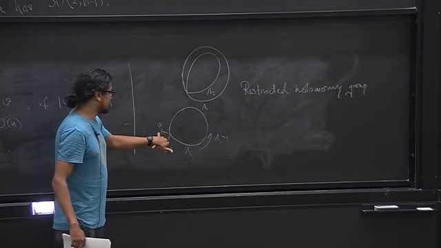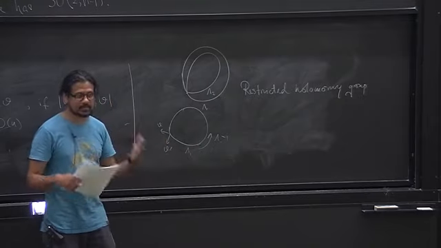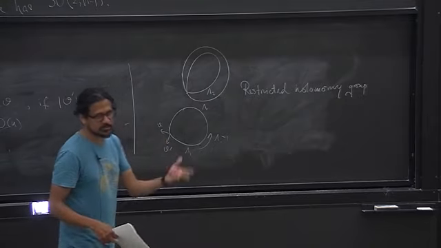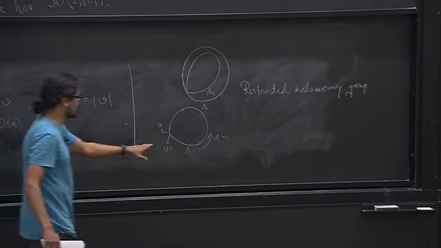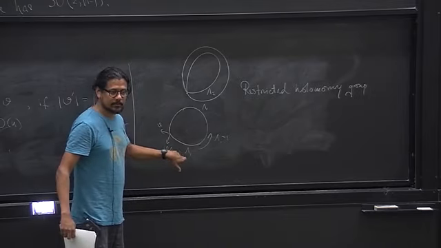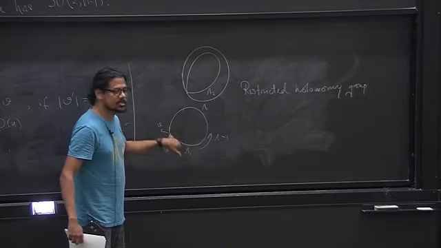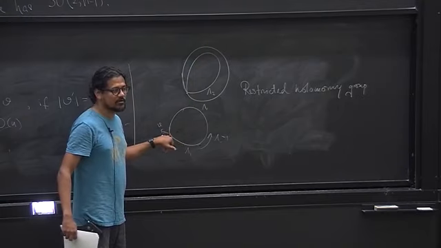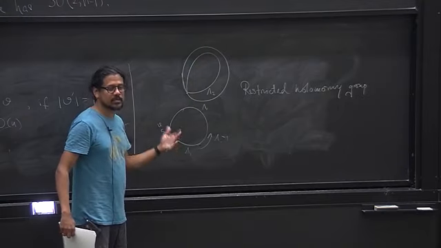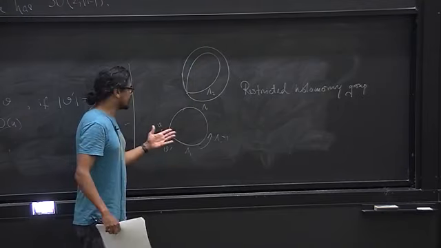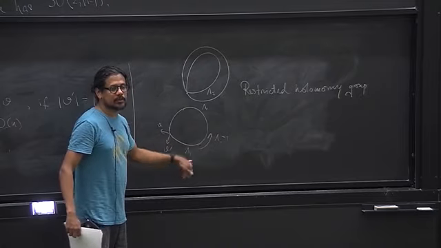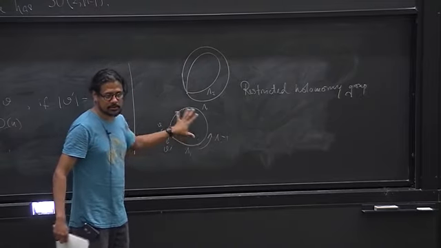So this vector and this vector are in the same tangent space, and they must be rotated by SO(N). That's how I associate it, and you can show that this rotation is independent of which vector you took from the initial tangent space. That's how we assign a group element to a loop.